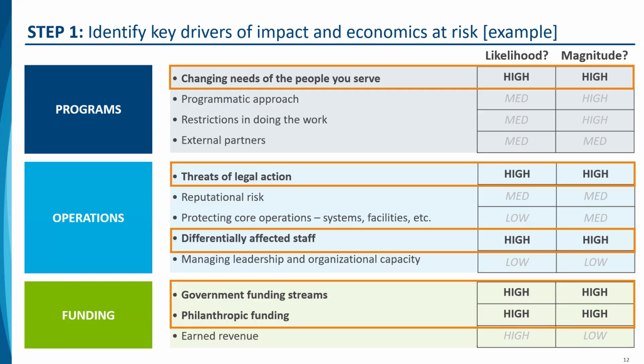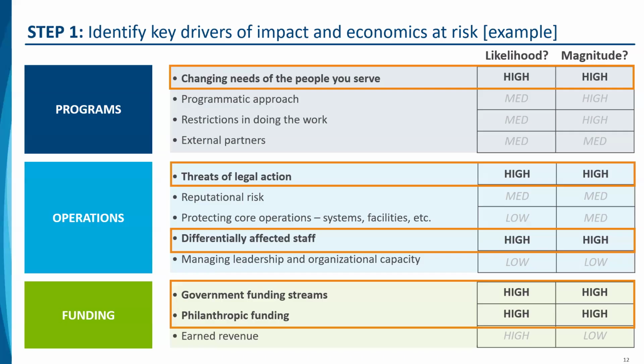For example, within programs, you might ask yourself questions like, how is this unfolding world going to change the needs of the people we serve? Or whether impending policy decisions might meaningfully impact the program approach you take, your ability to pursue specific programs and their legality. You might also dig into whether external partners you work with might face meaningful risks that could then directly impact you.